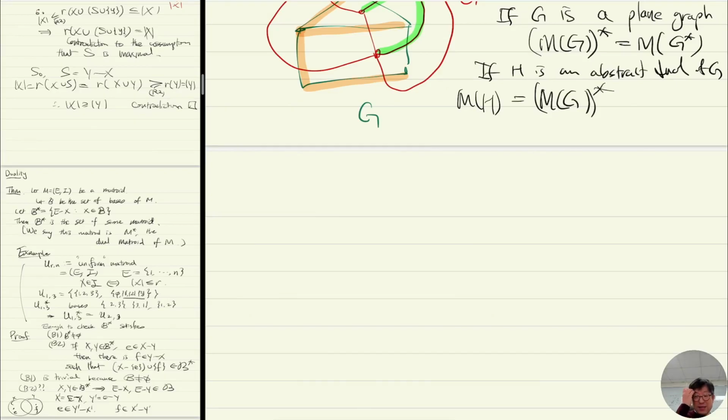Now let's see a few properties of the dual matroid. So anyway, let me define a few terms.